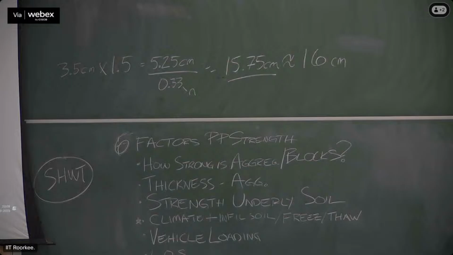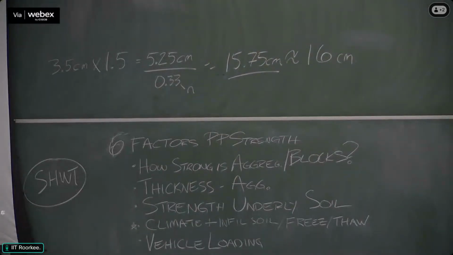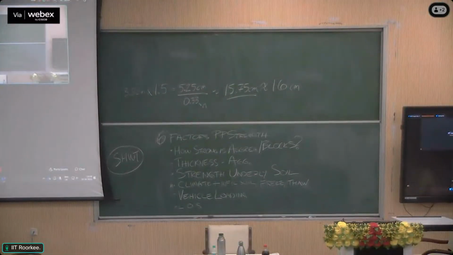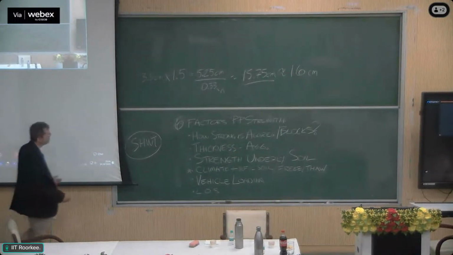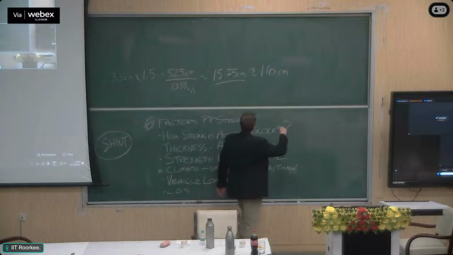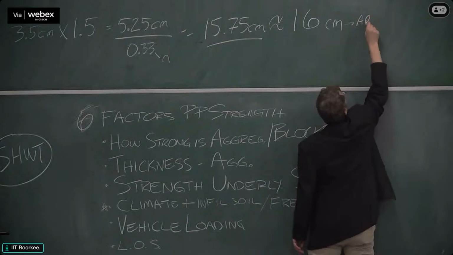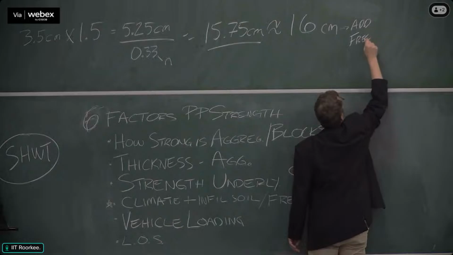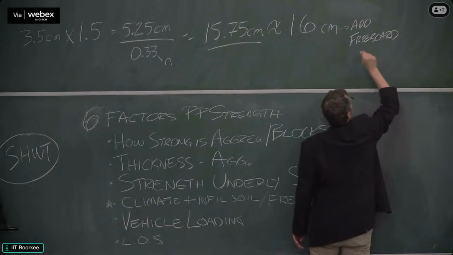One thing I haven't included is freeboard. How much should that be? I probably would take a look at 16, add about 10 to 15%, and make that a good number. So I would make that 16 plus freeboard. And honestly, this is one of those cases where best engineering judgment matters.